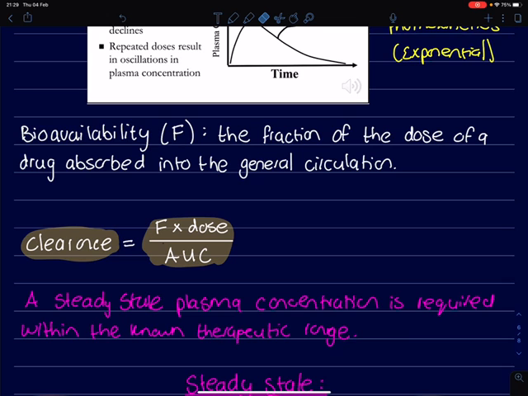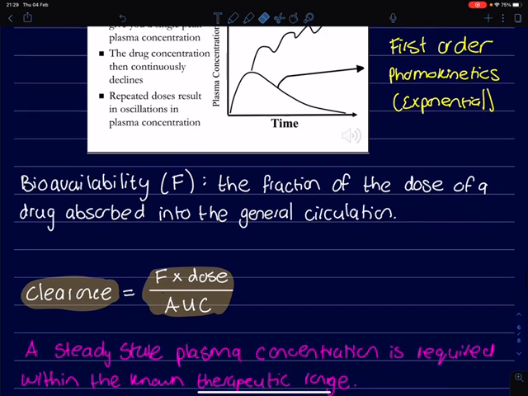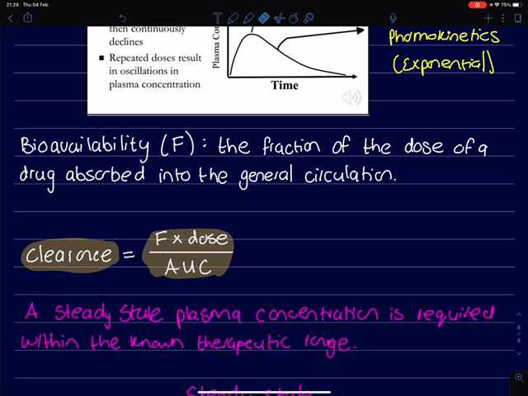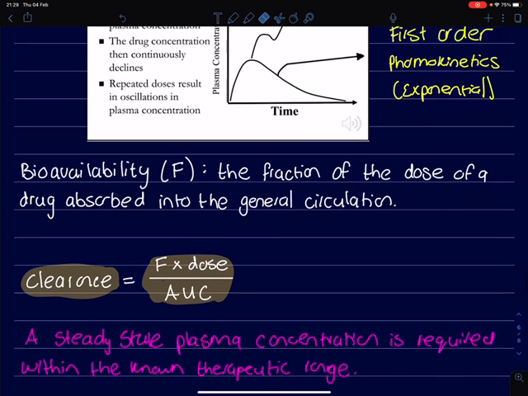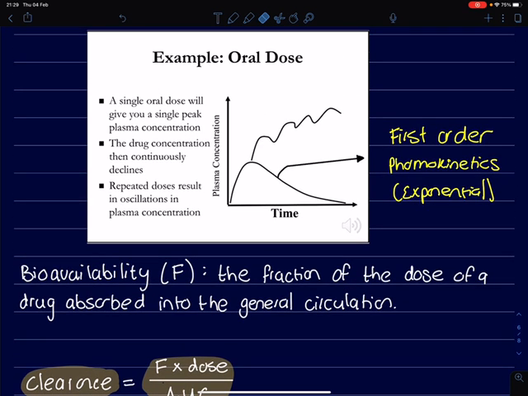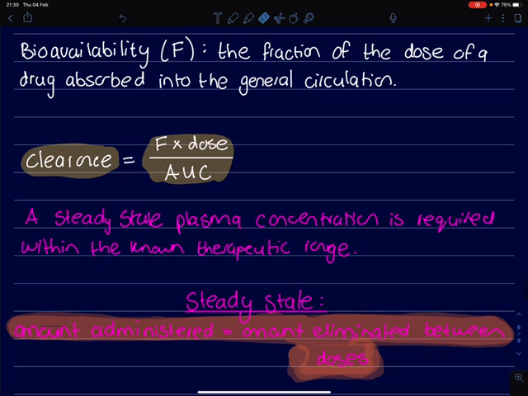It's the bioavailability, as a number, not a percentage, like 1 or 0.5 or 0.25, times the dose of the drug, divided by the area under the curve, like here. That's the formula for the clearance of the drug.